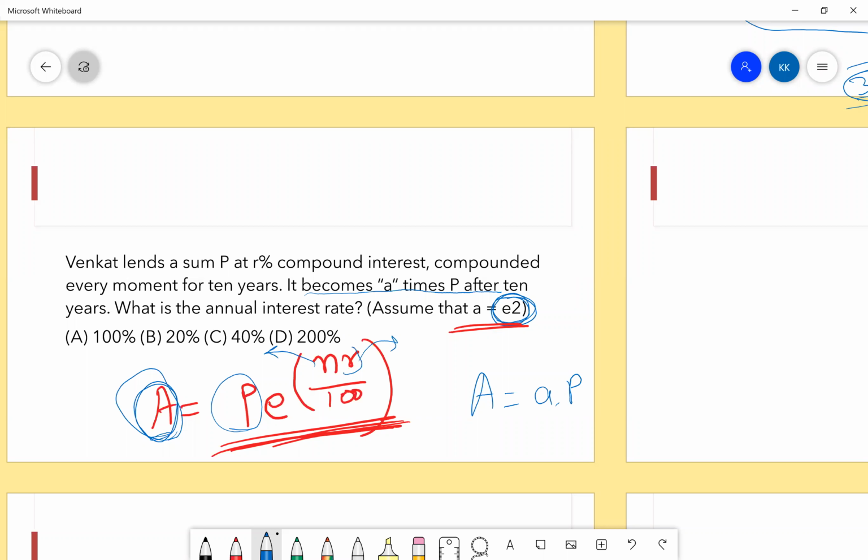The rate we use here is compounded annually. And that's why we have e here. We don't have 1 plus R by 100. So that R% compound interest for every moment goes into the e part.